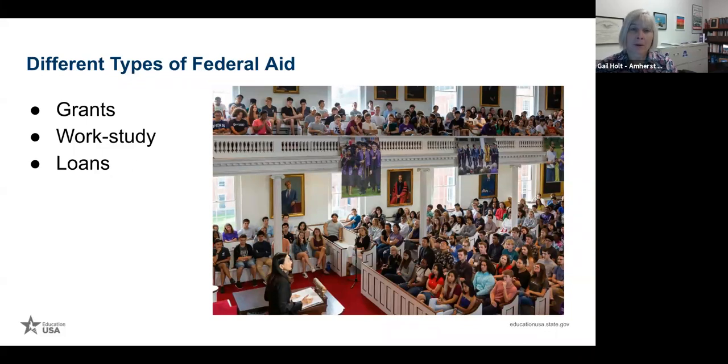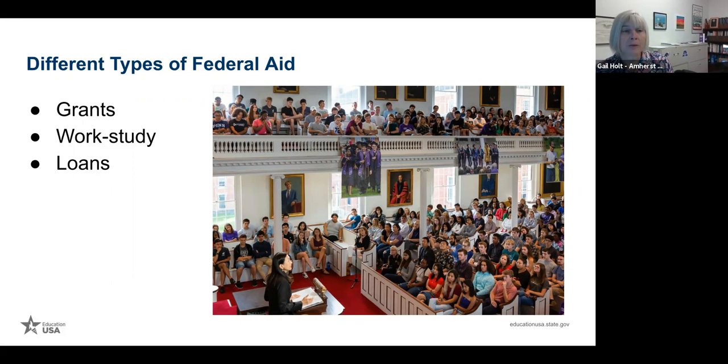So there are federal grants to those US citizens. Those grants are really targeted toward the lowest income families, so they are modest in means. They go up to about $6,000 per year in that range, and on a US income level, they're targeted to families usually making less than $50,000 in US dollars per year.